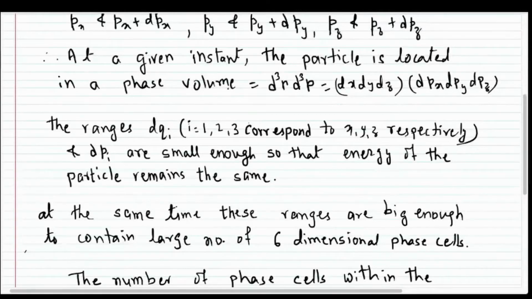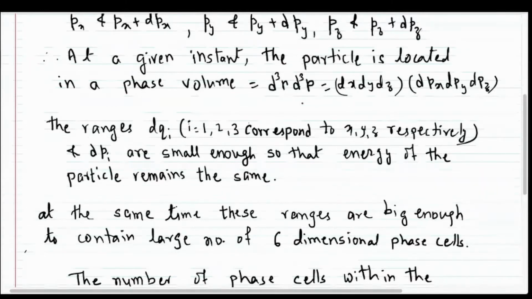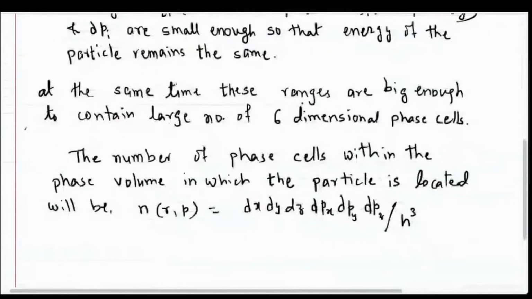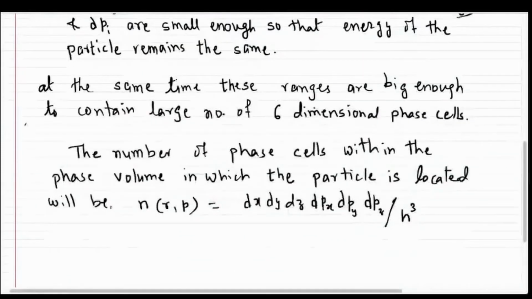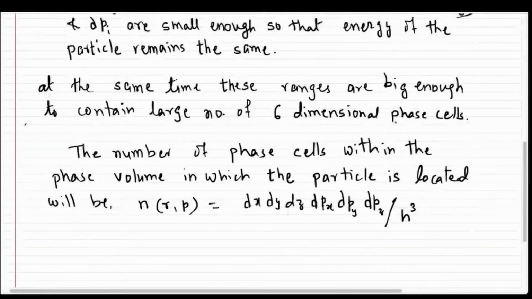So anywhere within this volume the particle shifts, its energy is not going to change. But at the same time, we can say that these ranges are big enough to contain a large number of 6-dimensional phase cells. Now each phase cell is a microstate.